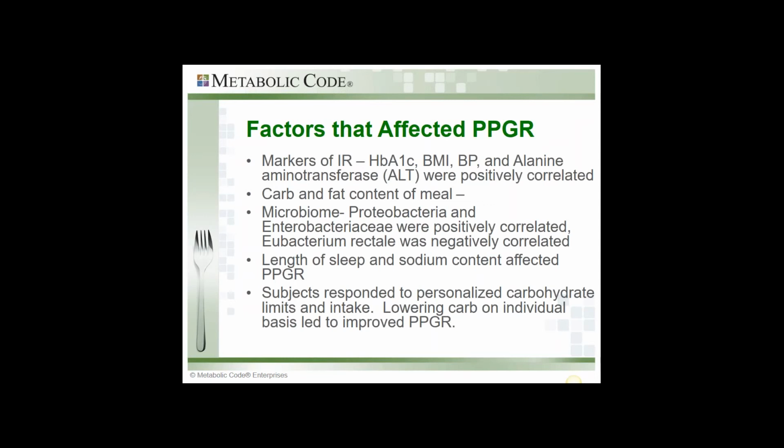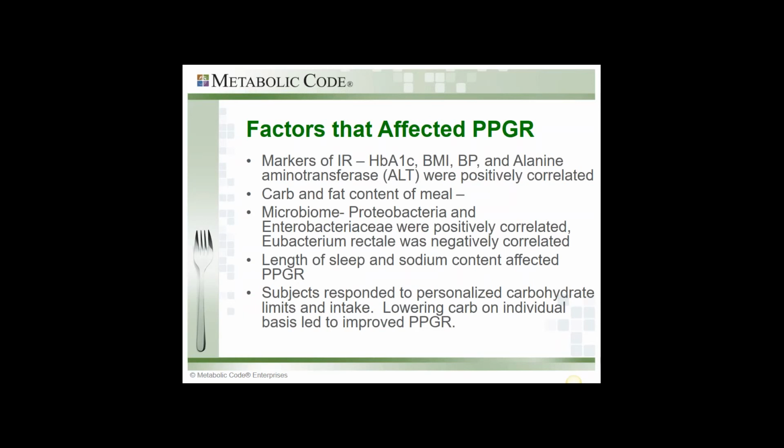So what they did then was they looked at these people, their response to their test meals and their response to their other regular meals. And they said, okay, definitely there are people that get more elevation from glucose intake than other people. So they developed a personalized carbohydrate amount based on what they saw.